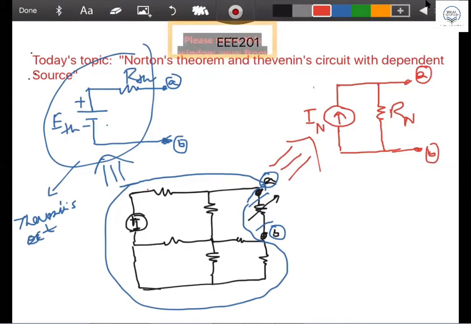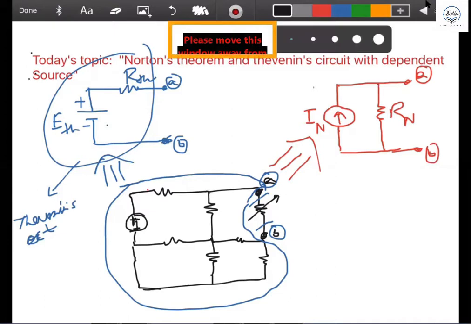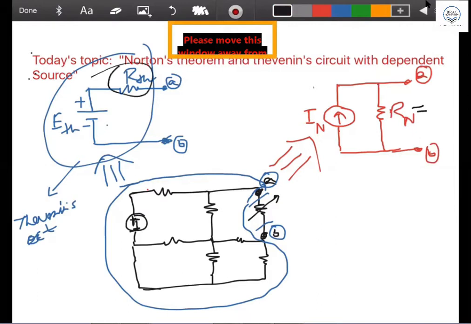Now, what Mr. Norton did in his case: the Rn he found is exactly the same as R Thevenin.